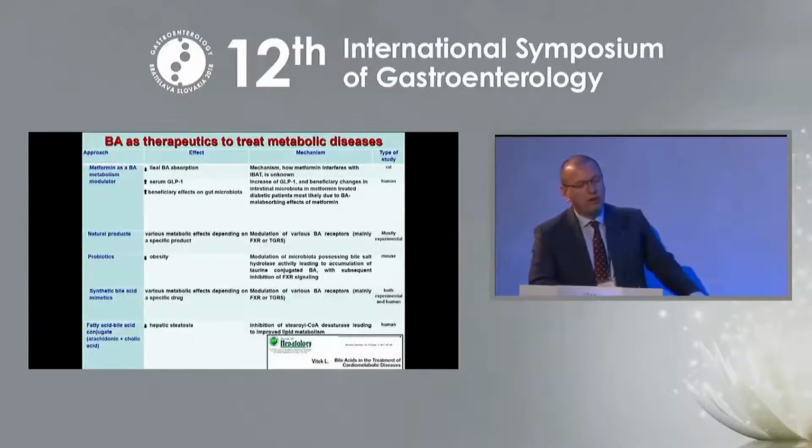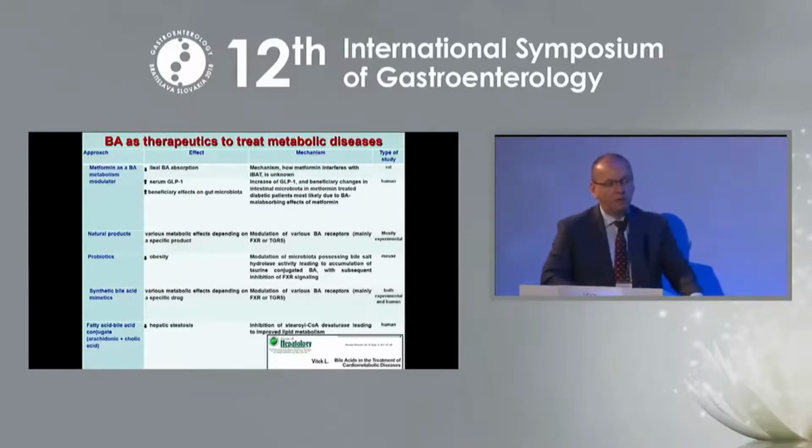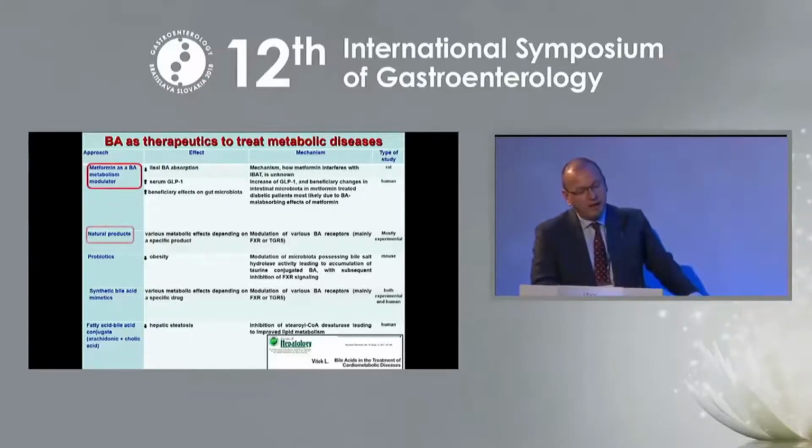Even old drugs such as metformin can act as a bile acid metabolism modulator. We know that metformin is capable of inducing GLP-1 secretion. It also influences reabsorption of conjugated bile acid in the ileum. We also know that some natural products exert bile acid modulating activities.